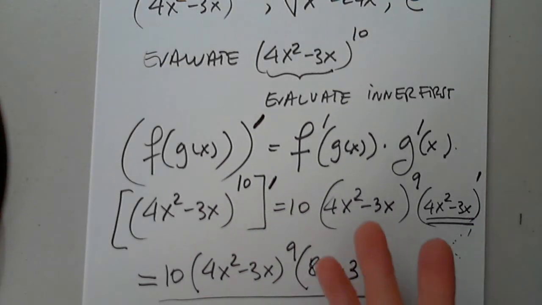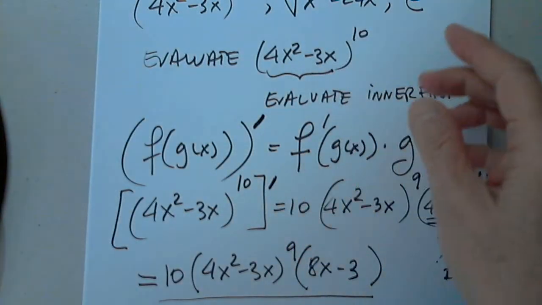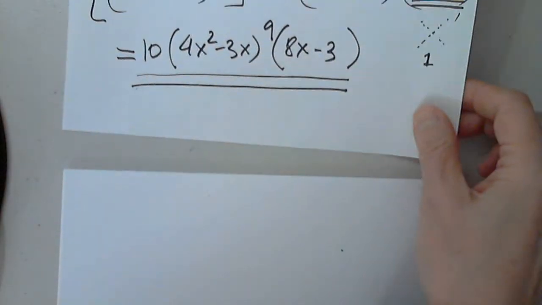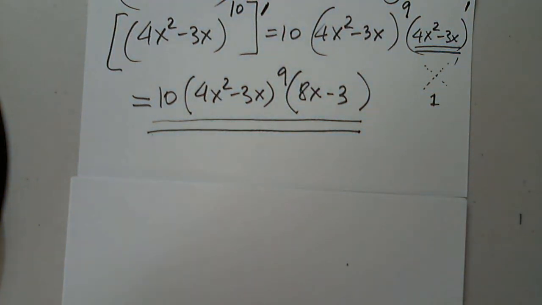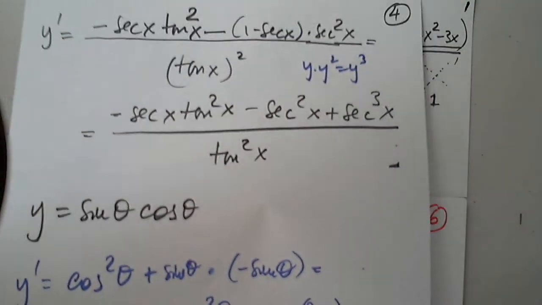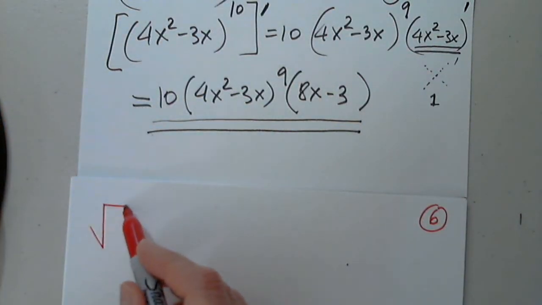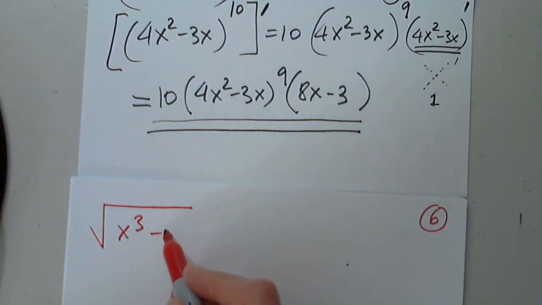Now, how do I apply this concept to a square root? To do this, we make the function to the power 1 over 2, times the function prime. So I gave an example here. I made it up: the square root of x to the 3rd minus 24x. So on the side, let's write the formula.